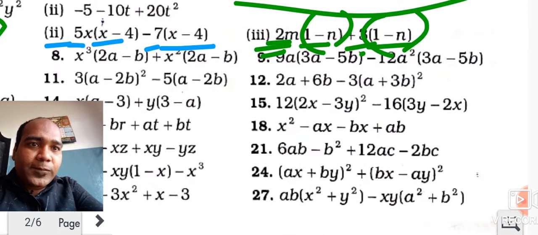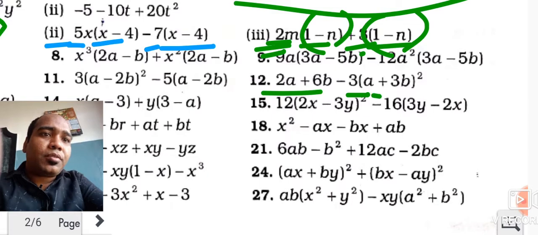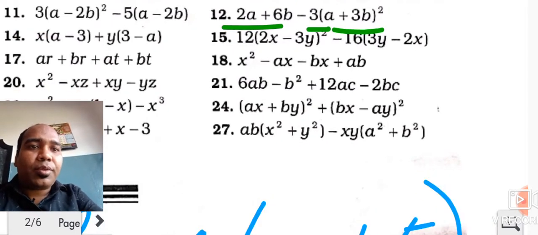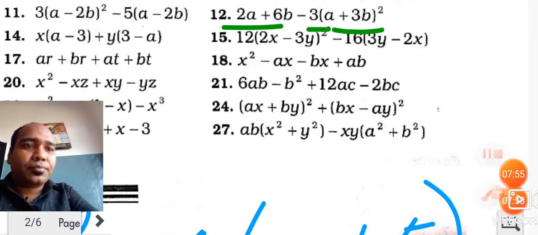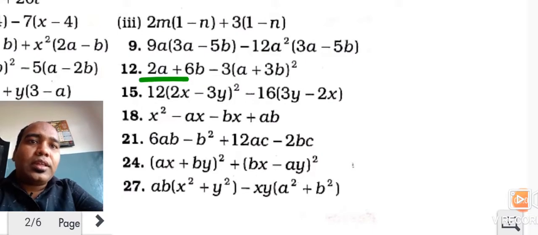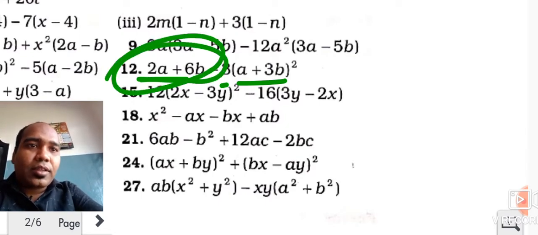Question number 12 you see: 2a plus 6b minus 3 times a plus 3b whole square. Now look here, 2a plus 6b.